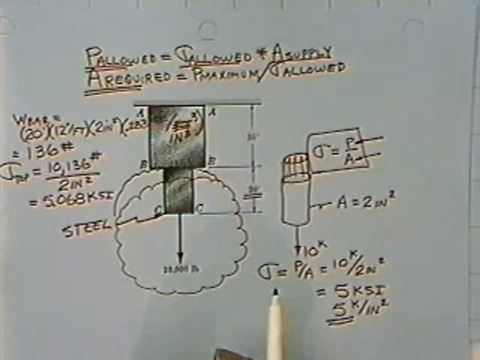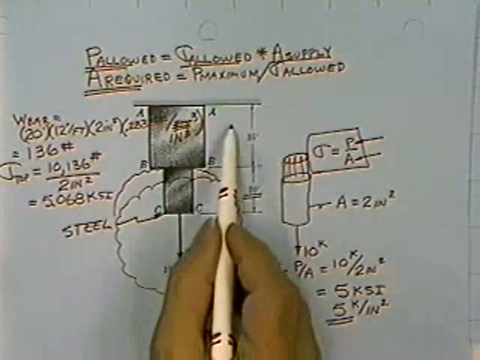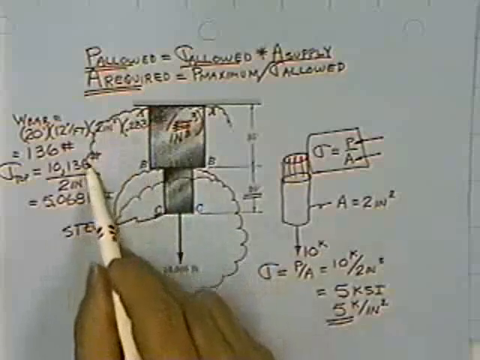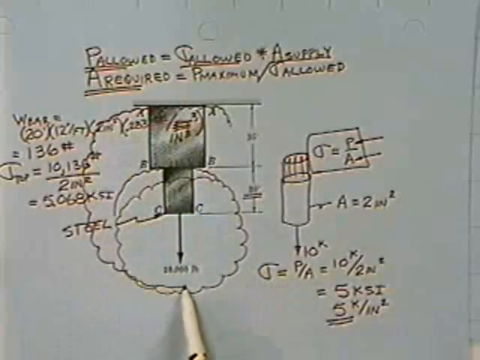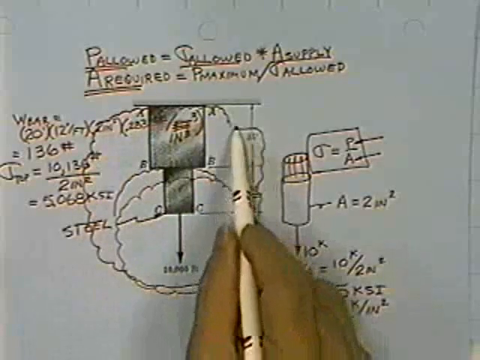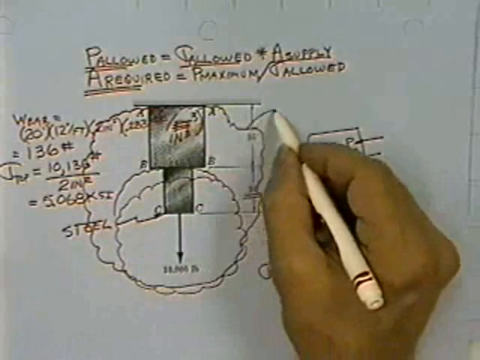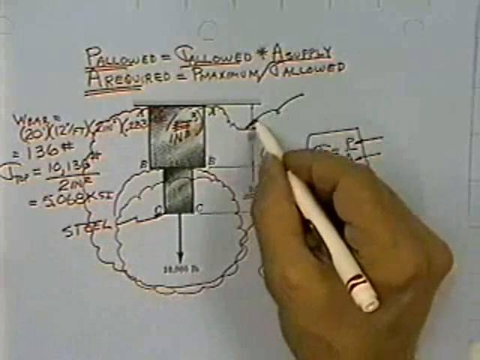Now the next bar, the top bar, is getting kind of fat, not to mention it's almost twice as long. When we find out how much stress is in that bar, we will have to include not only the weight of the bottom piece, but the weight of the top piece too. And we'd calculate everything the same way.